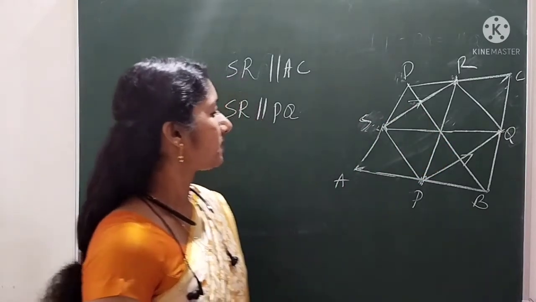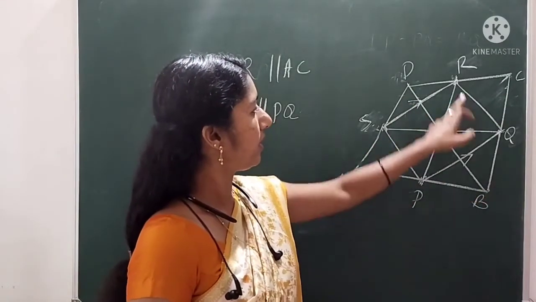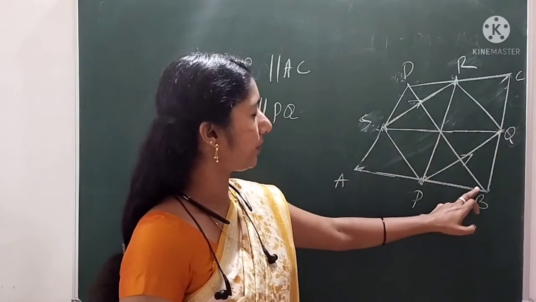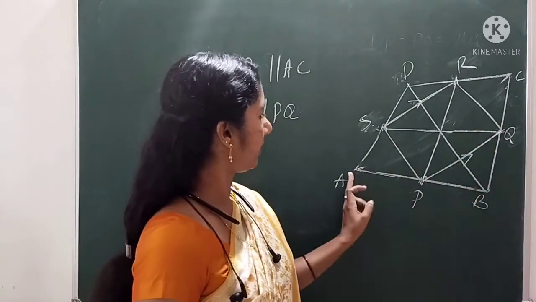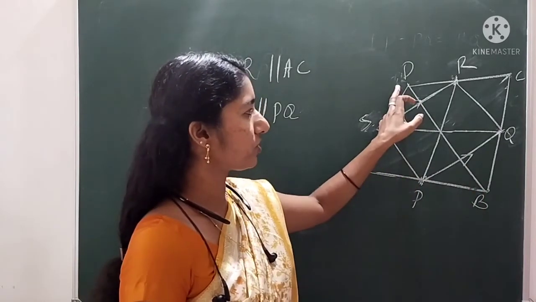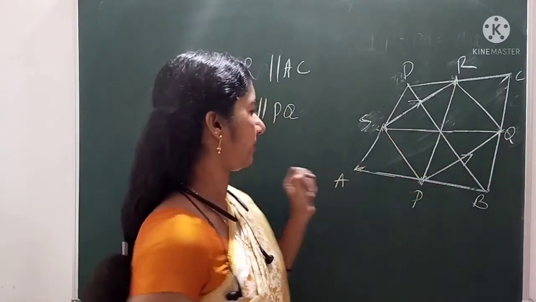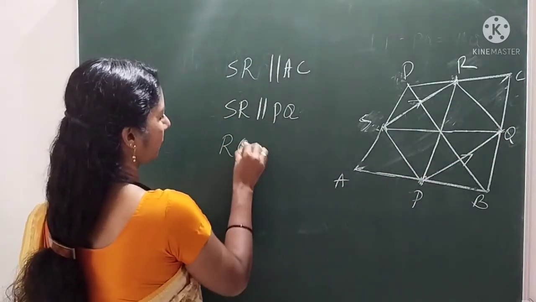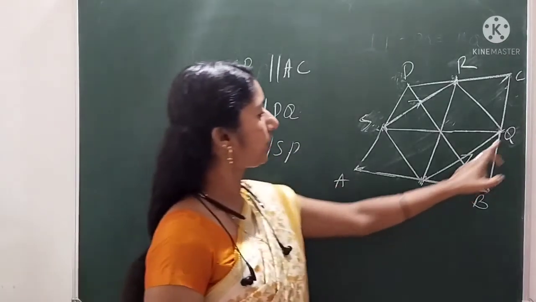Okay, so we get the triangle CDB. RQ and BD are parallel. In triangle ADB, PS and BD are parallel. So we get RQ parallel to SP.